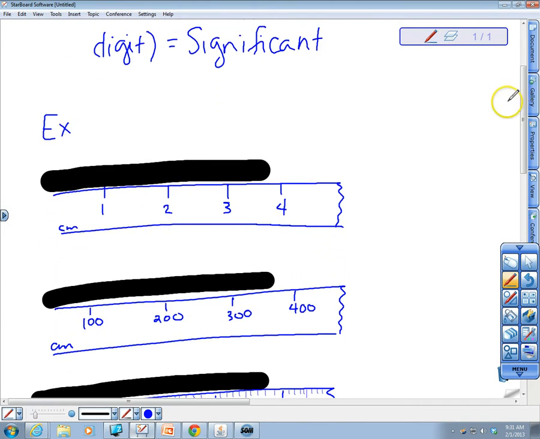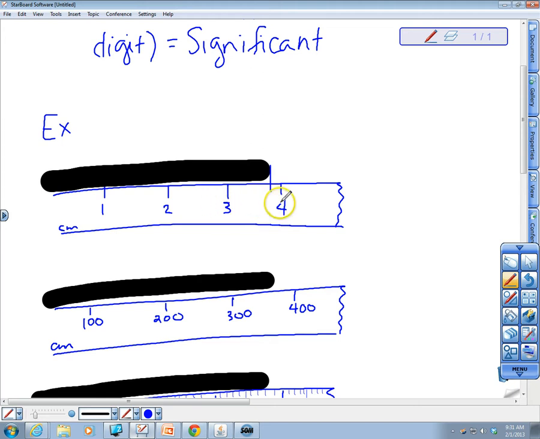Here's a centimeter ruler that I've just drawn. It's not perfect, but just go with me on it. If I'm going to measure the length of this line using this ruler, I can read that it's 1, 2, 3 centimeters, and then I'm going to estimate the digit between the last lines.